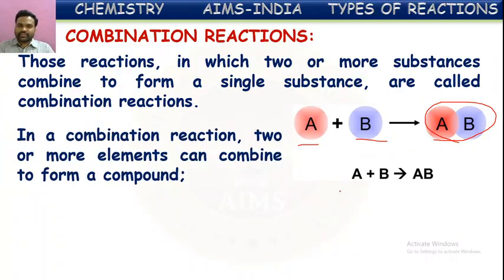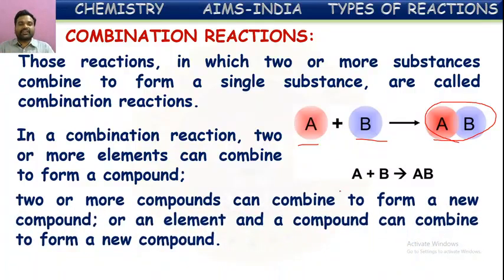In a combination reaction, two or more elements can combine to form a compound. Sometimes only two elements combine to form a compound. In some reactions, two or more compounds can combine to form a new compound. In some other combination reactions, an element and a compound combine to form a new compound.